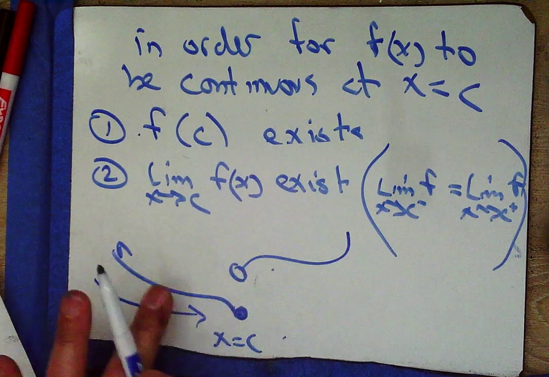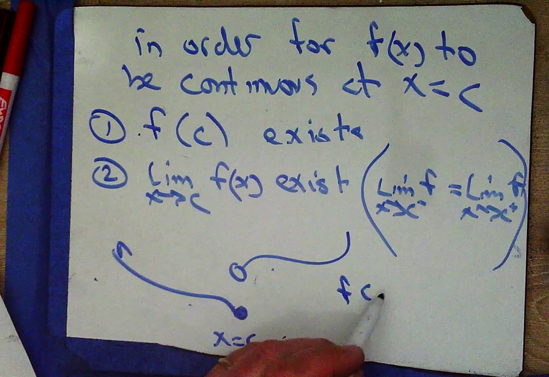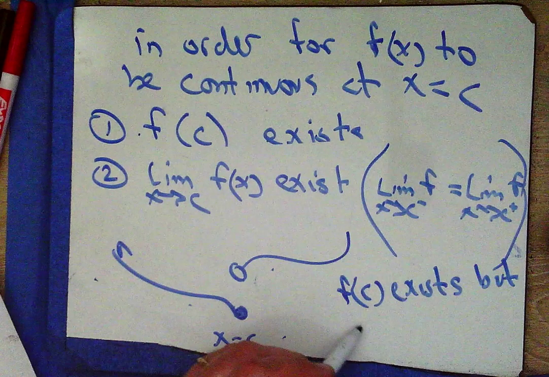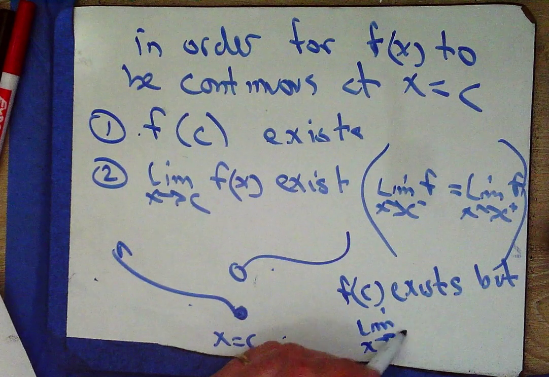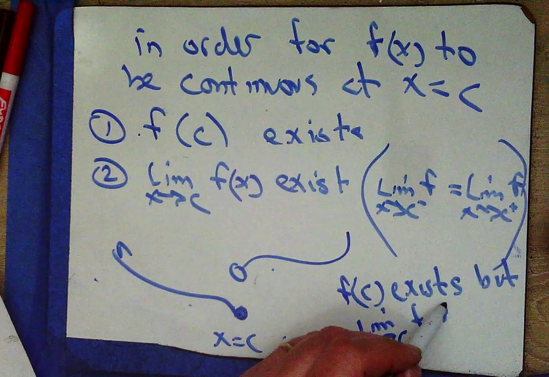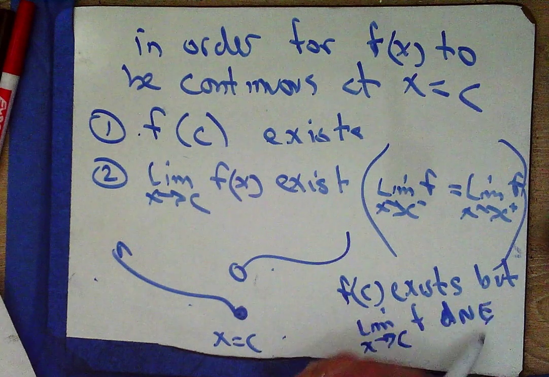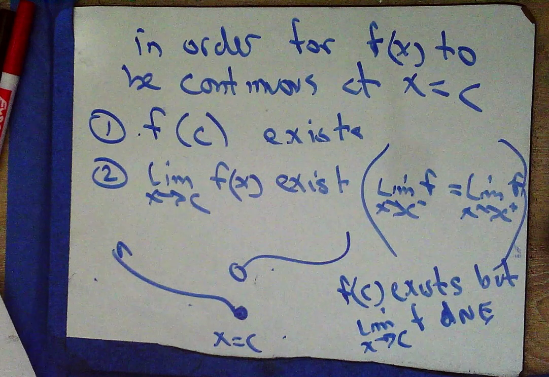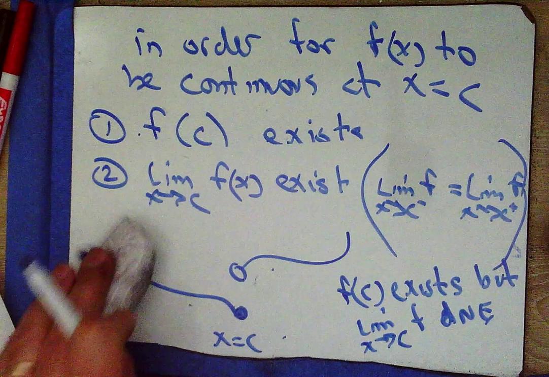So this is a case where f of c exists, but the limit as x approaches c does not exist, DNE, and you can use DNE on the AP exam. So that's the second requirement.